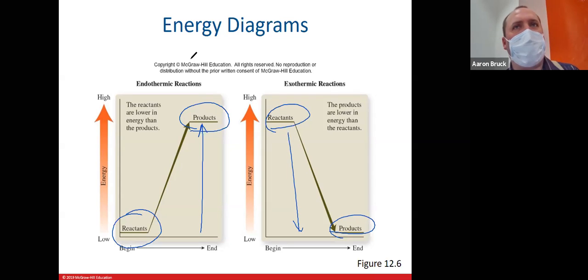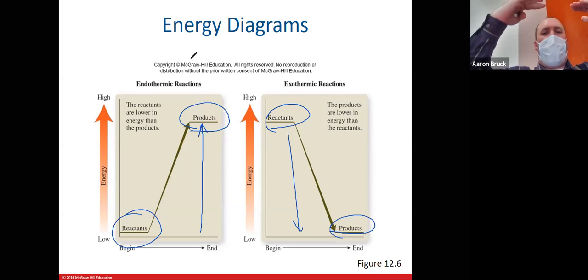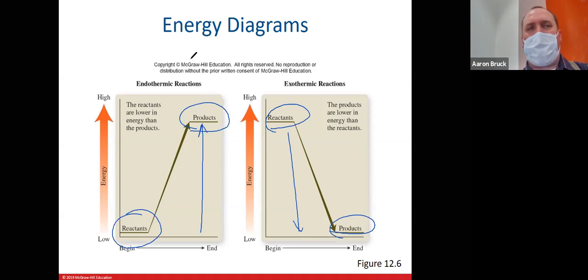The endothermic, yes. Well, the endothermic is actually going to be more difficult because we're going to have to continue to supply it with energy to raise up those reactants to the proper energy of the products. Whereas with the exothermic reaction, since the energy is going to fall as the reaction proceeds, the reactants are losing energy and they're just giving it away.